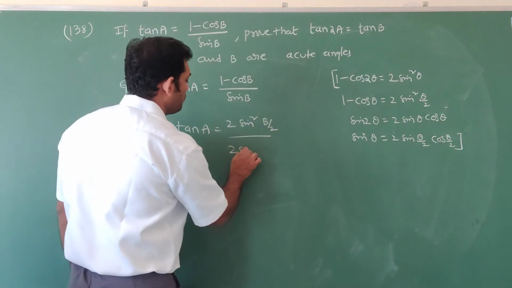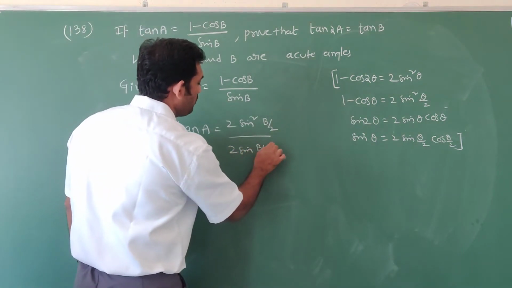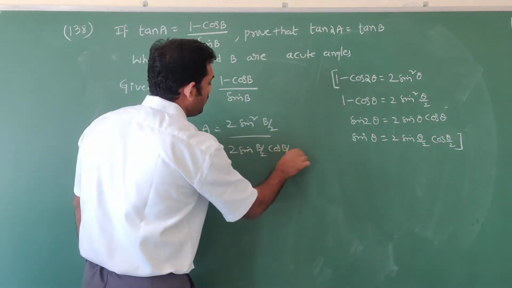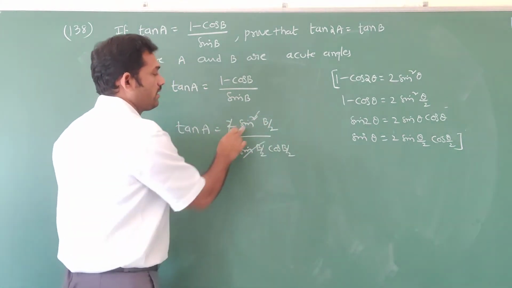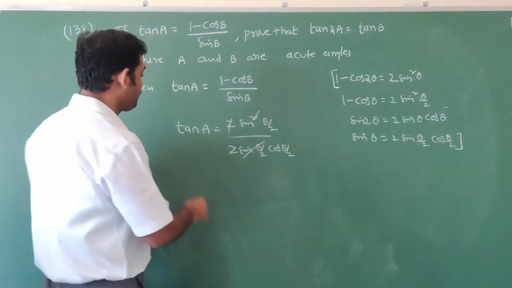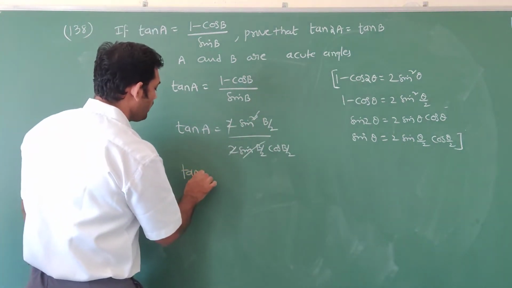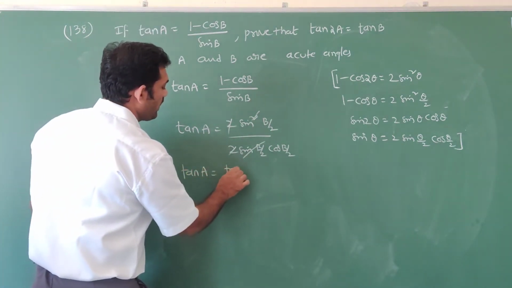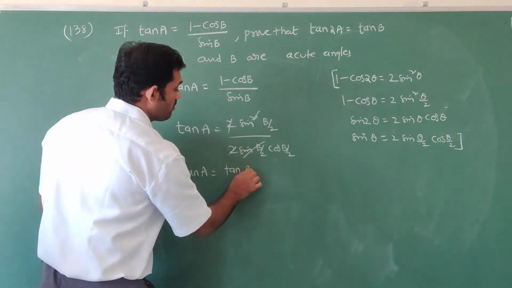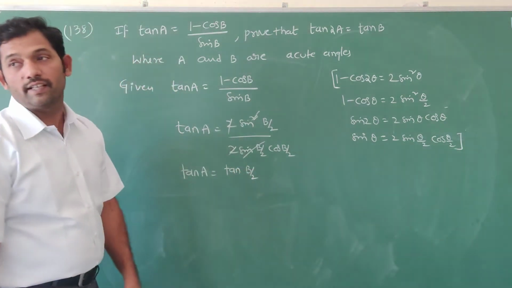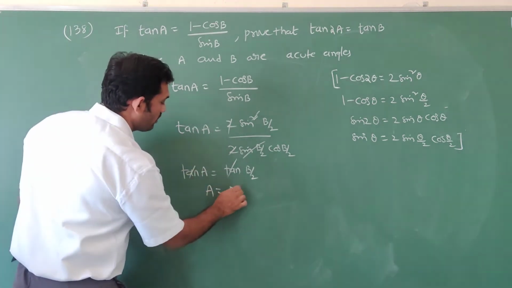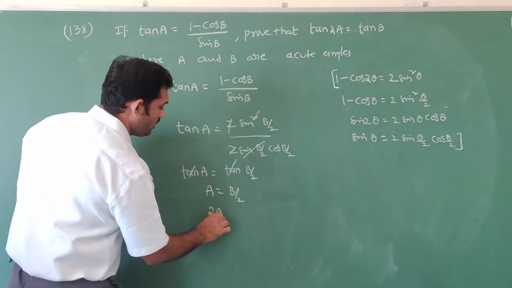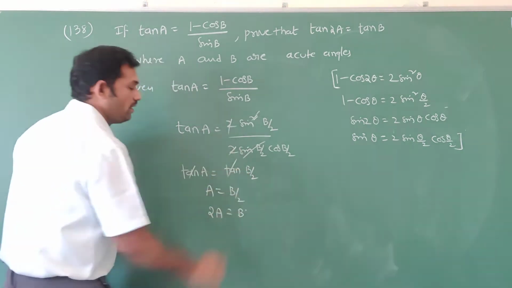So 2 sin b by 2 cos b by 2. So sin cancel, 2 get cancelled. Sin by cos, what is that? Tan A is equal to tan b by 2. Both sides tan cancel. What happens? A is equal to b by 2. So 2A equal to b.